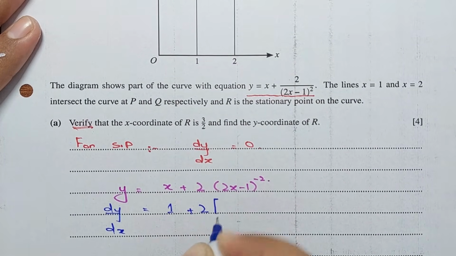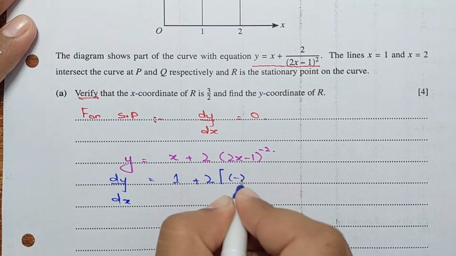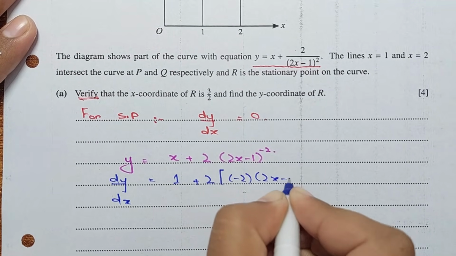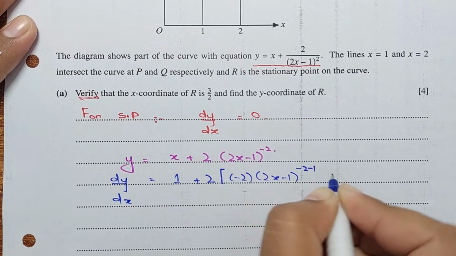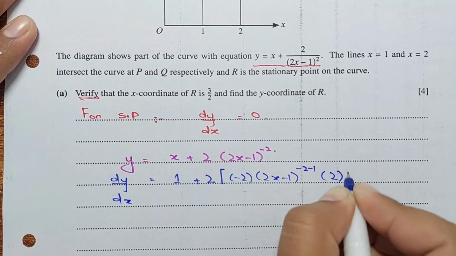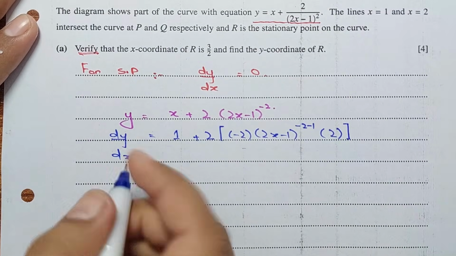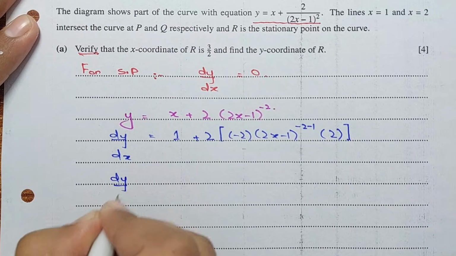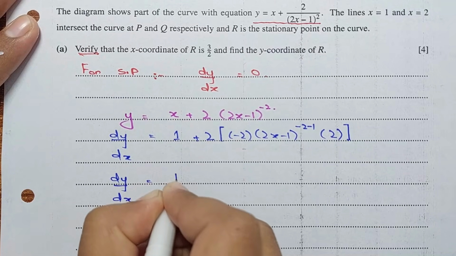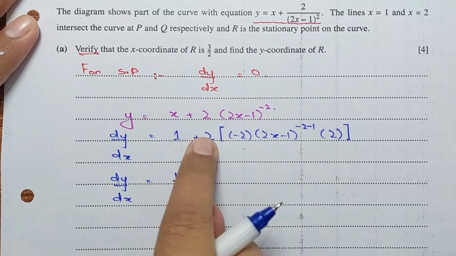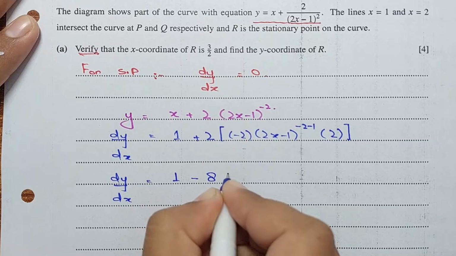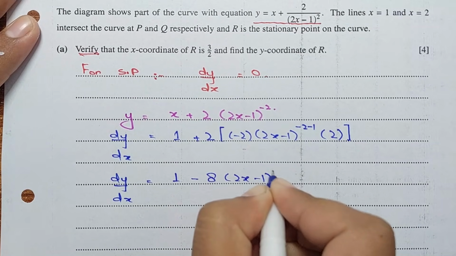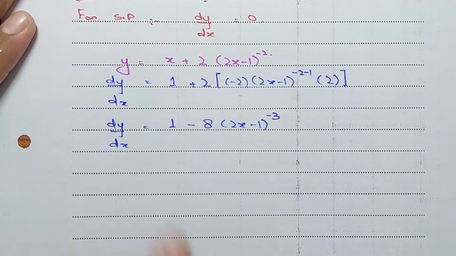Applying the power rule of differentiation, the power base function power minus 1, and the derivative of base function is just 2. Okay, so dy over dx, this is 1, 2, 2 and 2, so it's negative 8, 2x minus 1 to the power negative 3.